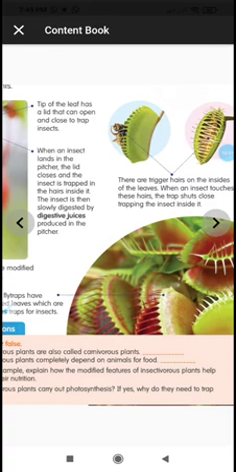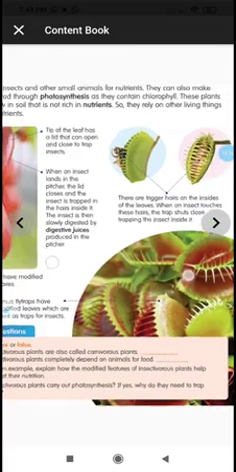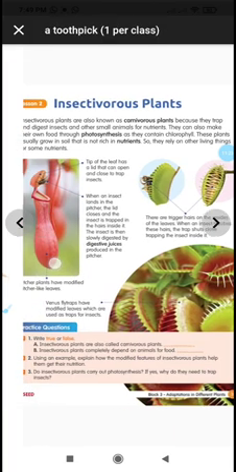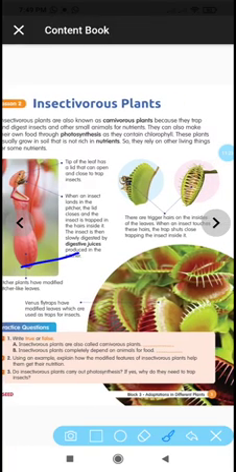When an insect is excited and sits on these leaves, immediately it captures that insect and digests it with the help of juices inside the bladderwort. So bladderwort is also an example of an insectivorous plant. Understood, children? Now you learnt about pitcher plant, Venus flytrap, and bladderwort, an aquatic plant.